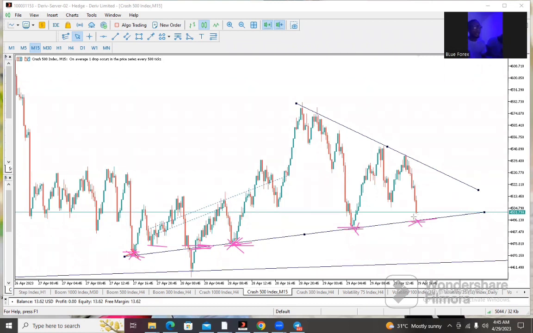You see how the market is doing. You just wait for the market to touch your major points. Don't be in a haste to go into the market. Let the market come into your zone.